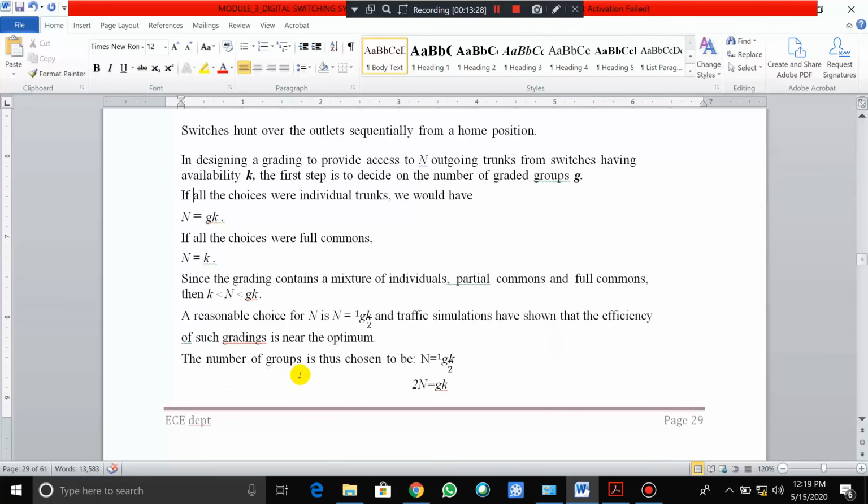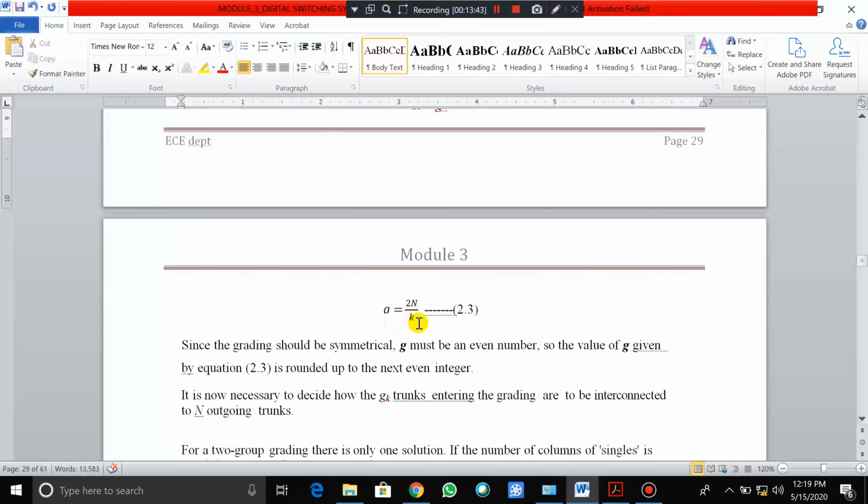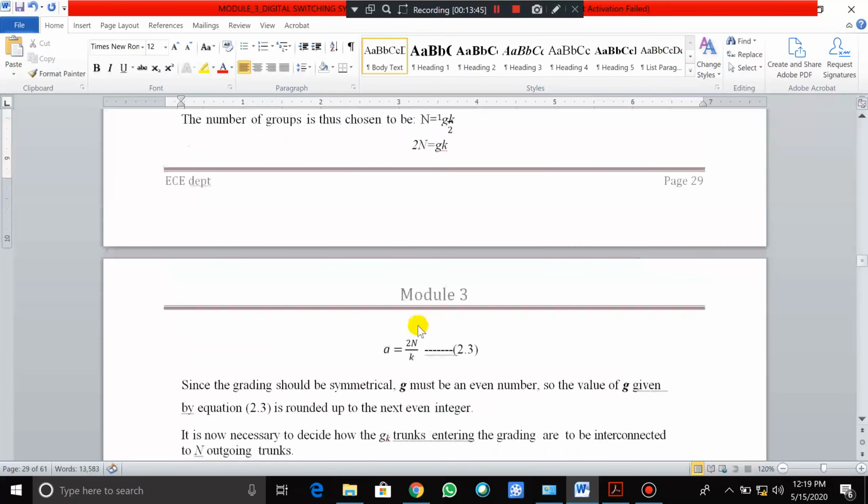So the number of groups is thus chosen as 1/2 of G of K. If you take this 2 to the other side, we have G = 2N/K.